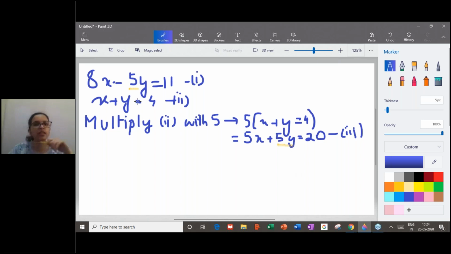Sorry, I did not see. So you can simply add, by adding, the value of y will be eliminated, correct? So what do you do? You first write, adding 1 and 3.